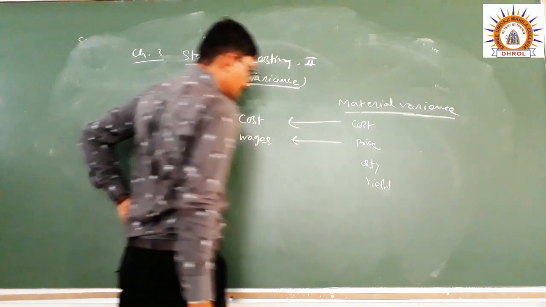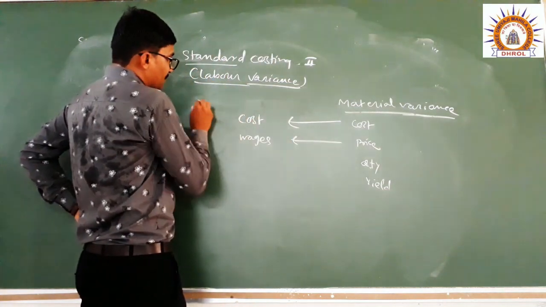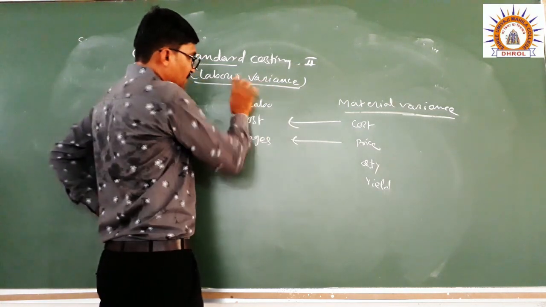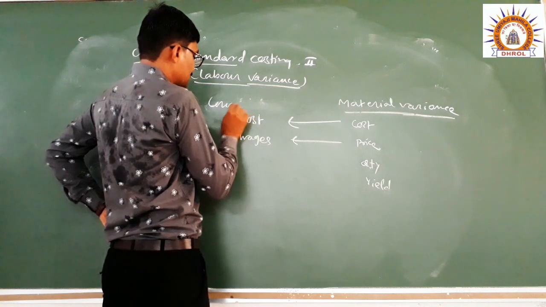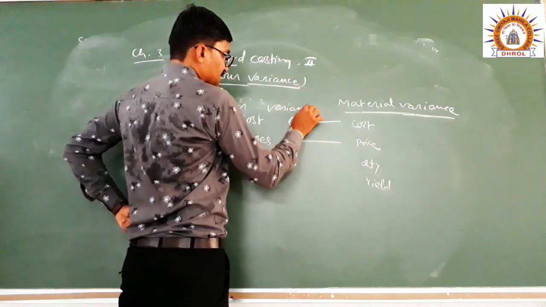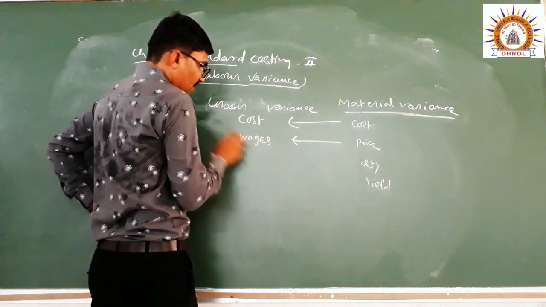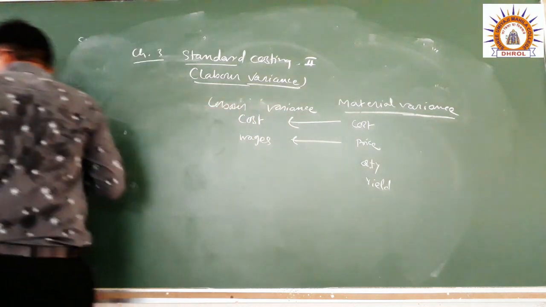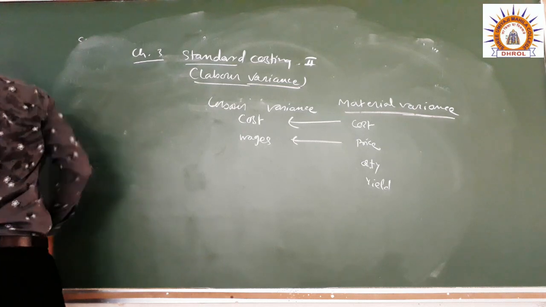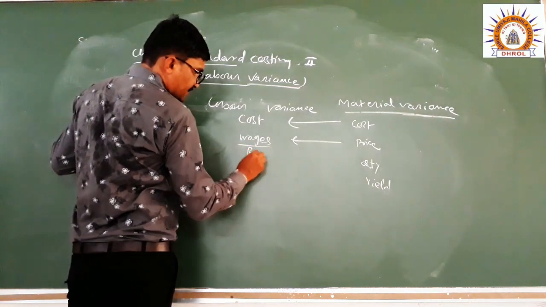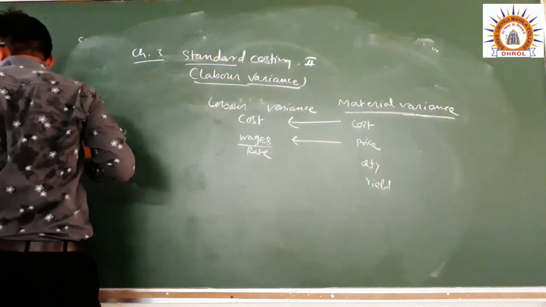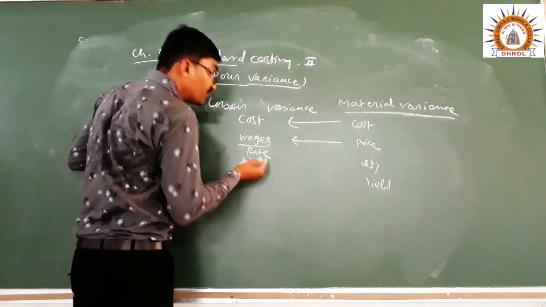And in the same way, labor variance: labor cost variance and labor wages variance. All the variances are found out. Wages or rates: labor rate variance, labor cost variance. Then labor efficiency variance also.